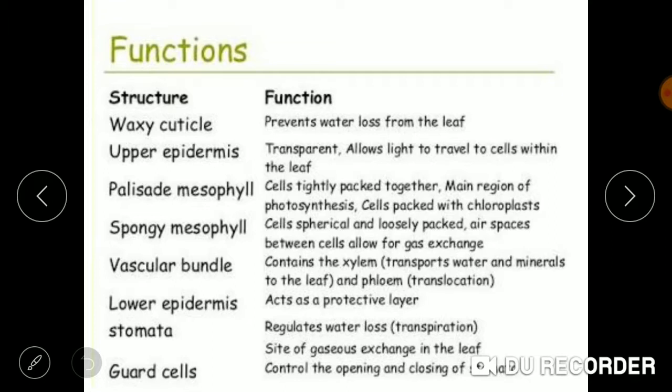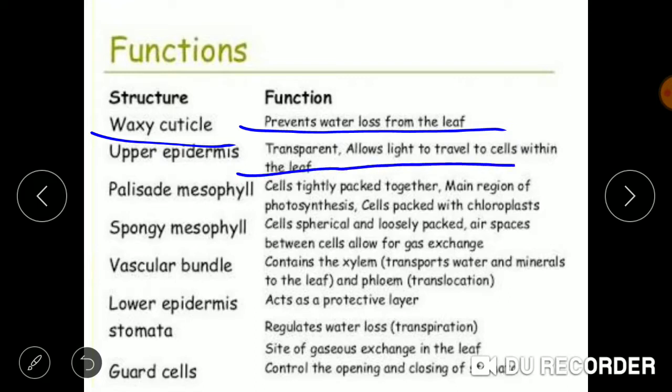Let us again revise the function of each part. The waxy cuticle prevents water loss from the leaf. If the cuticle is thick, then the transpiration will be very less. Upper epidermis is transparent and it allows light to travel to the cells within the leaf.